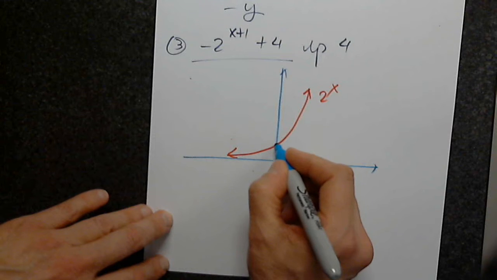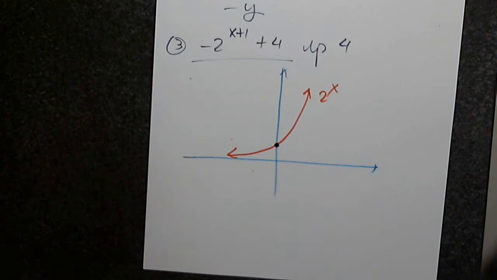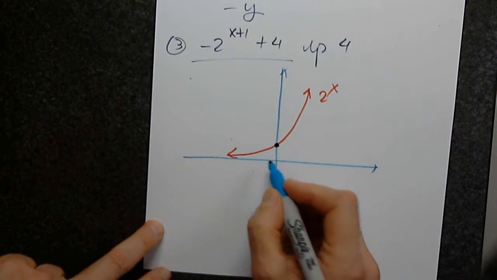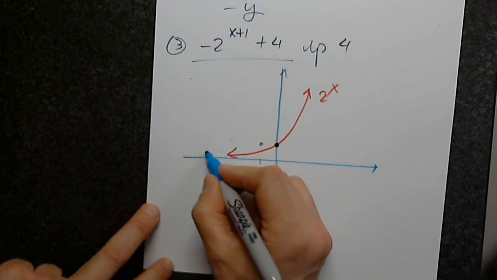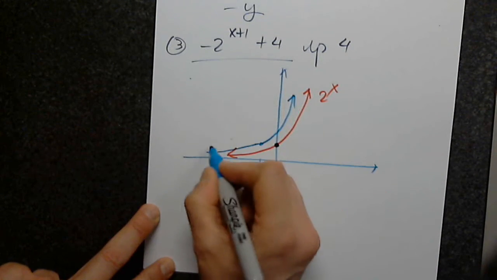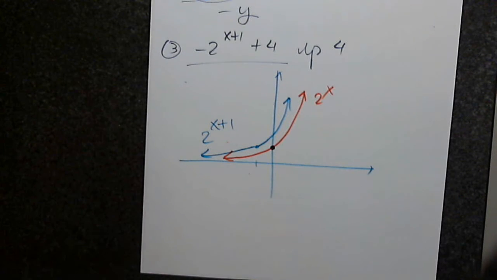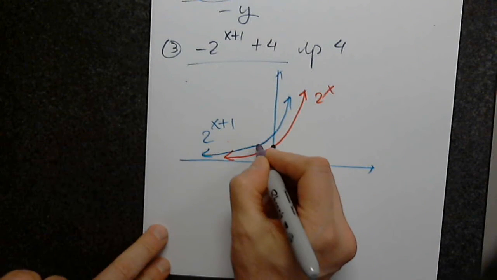So please give me, where does this point, this is my marker, this is my reference point, where does it go when I shift this graph to the left 1? Negative 1, 1. So here's the graph of 2 to x plus 1. Then you told me to reflect this graph with respect to the x-axis. Please tell me, where does this point go?